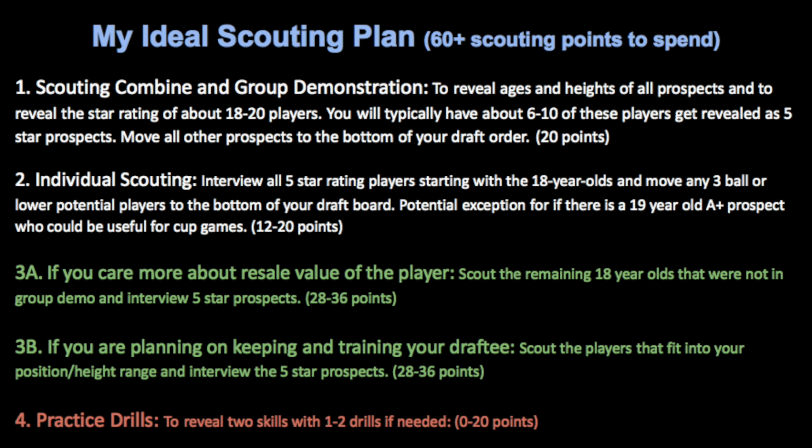Or if you're planning on keeping and training your draftee, that's where instead of scouting all of the 18-year-old prospects that weren't in the group demo, you can scout all of the players that fit into your position/height range. So if you're like, I know I want to train and keep training guards, then that's where you can potentially look at just point guards, shooting guards, or just look at players who are 6'4" or shorter and interview those 5-star prospects.